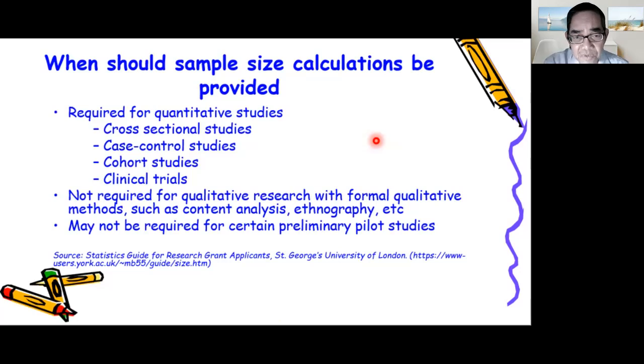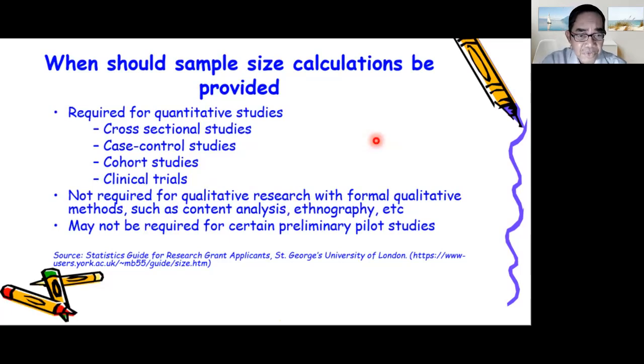Remember when I gave you a lecture on sampling methodology, I told you that we normally do not study the whole population. We only study a sample. Based on the results of that sample, we generalize them to the target population.